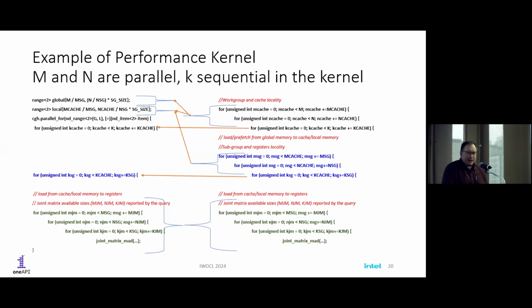Depending on the device, you may want to handle things very differently. On some devices, you may want to process your M and N dimensions in parallel and sequentialize your K loop. So like in the previous example, inside our kernel, we just had a loop over K. But on different devices, you may want to interchange your loops in different ways.